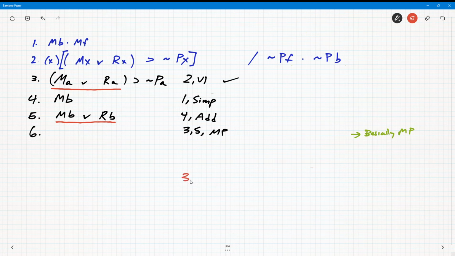Here the lines in question are going to be 3 and 5, and at line 3 we derived that, for Alfie, if either Alfie is a mammal or Alfie is a reptile, then Alfie isn't a plant. And at line 5 we have the claim that Bobo is a mammal or Bobo is a reptile.